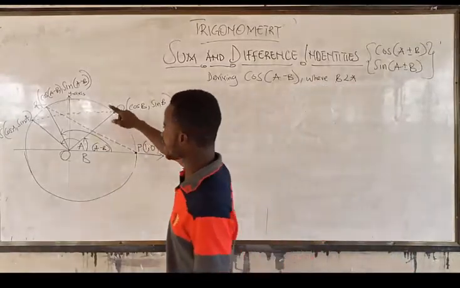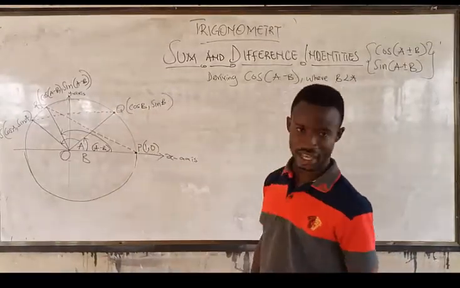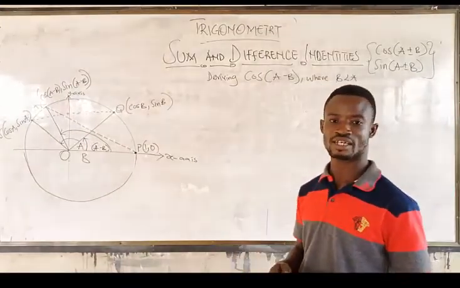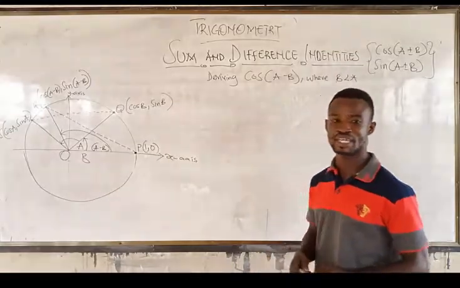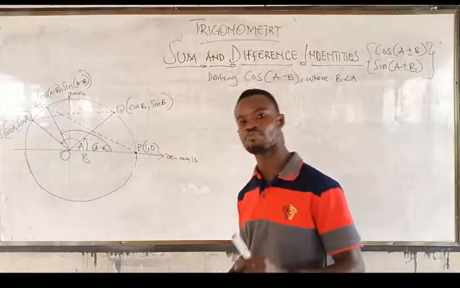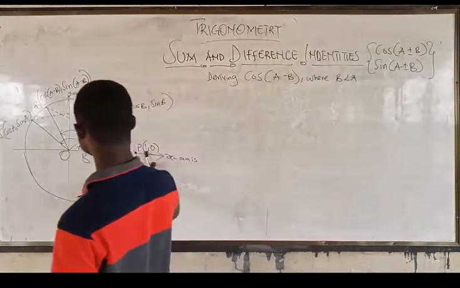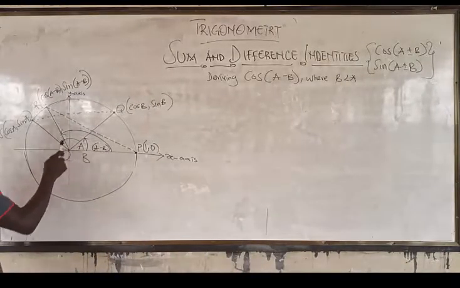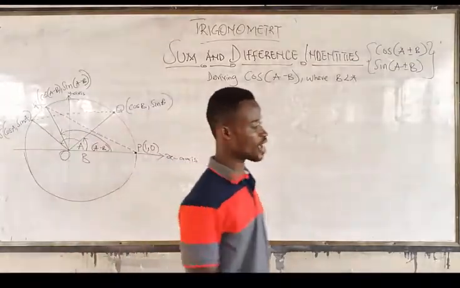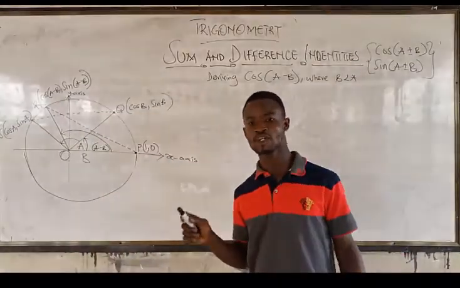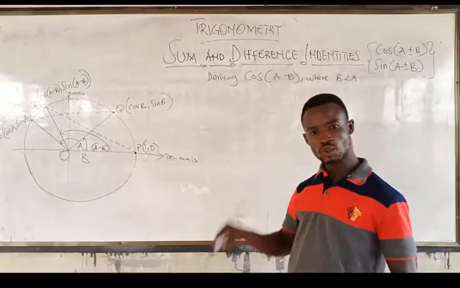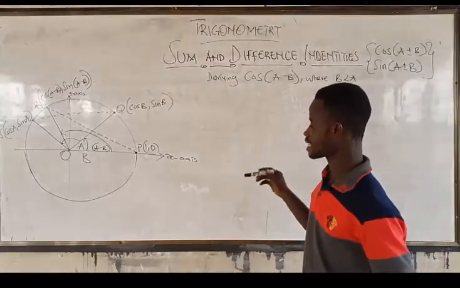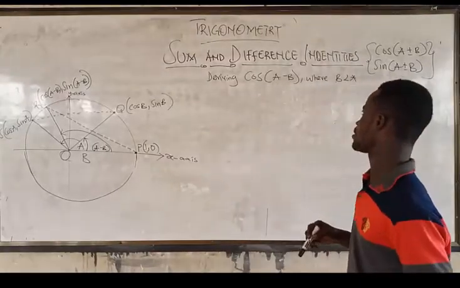The angle POR, this bigger angle, is what we are referencing here. The angle POR is going to be equal to the difference A minus B, and that is what you can see here. Very good.